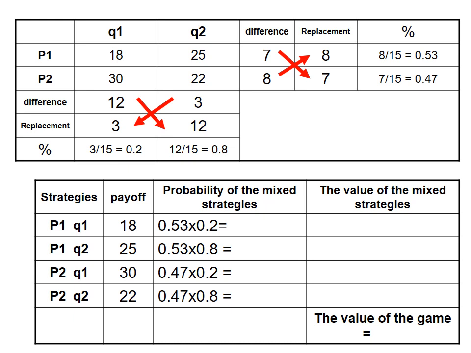The summation of the two numbers in the first and second column is 15. 3 over 15 equals 0.2. This is the probability of this strategy. 12 over 15 equals 0.8. For the row, 8 over 15 equals 0.53, and 7 over 15 equals 0.47.